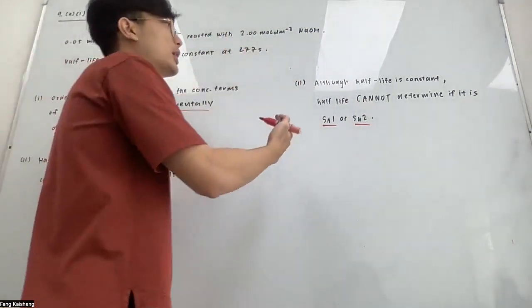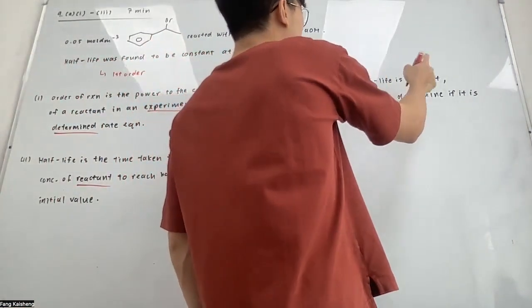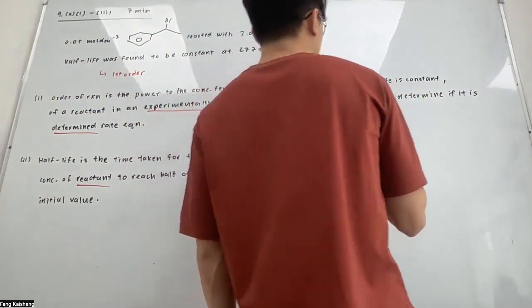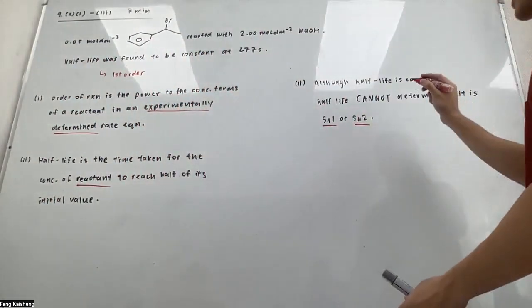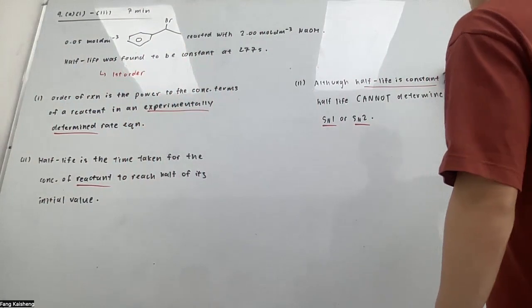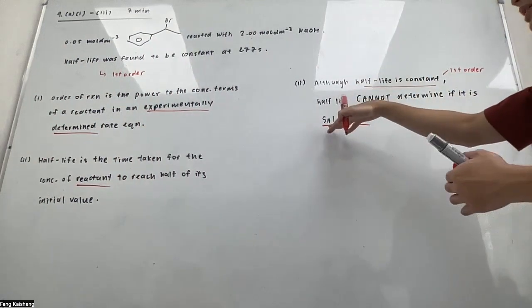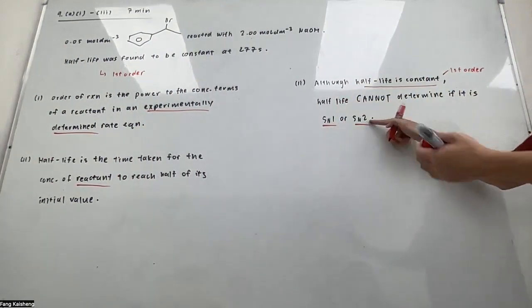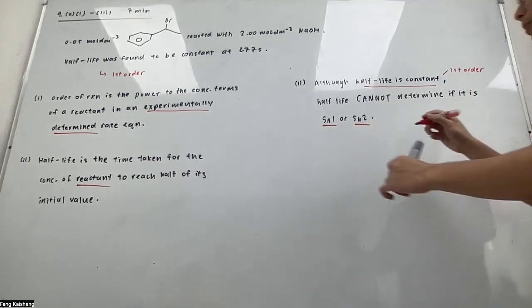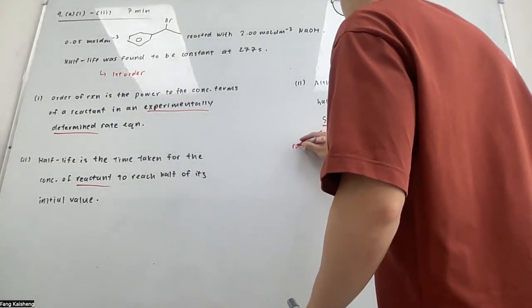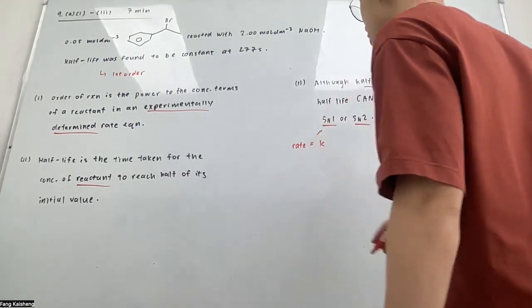Then you read the question again: although half-life is constant, it cannot determine whether it's SN1 or SN2. So they're saying that although it is first order from the constant half-life, we can't actually determine whether it's overall first order or overall second order. So if you want to really see what SN1 and SN2 are, maybe you write down a rate equation.